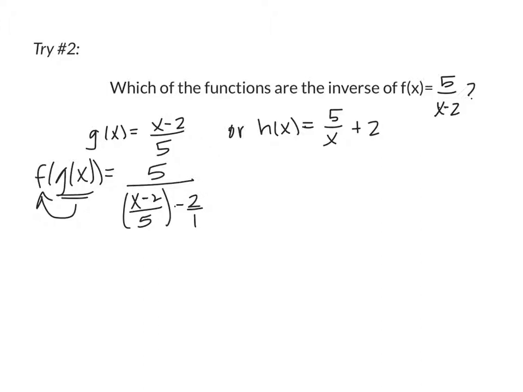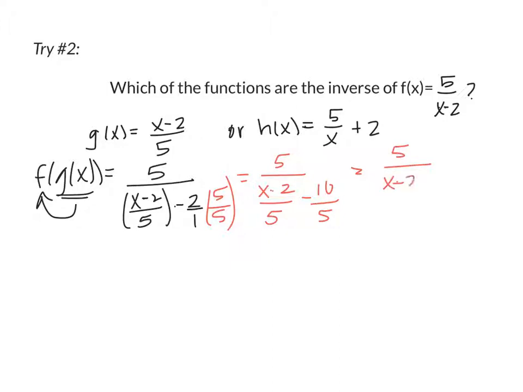So that gives 5 over x minus 2 over 5 minus 10 over 5, which is 5 over x minus 2 minus 10 over 5, which is really 5 over x minus 12 over 5.